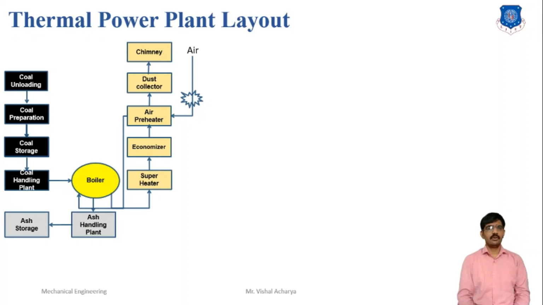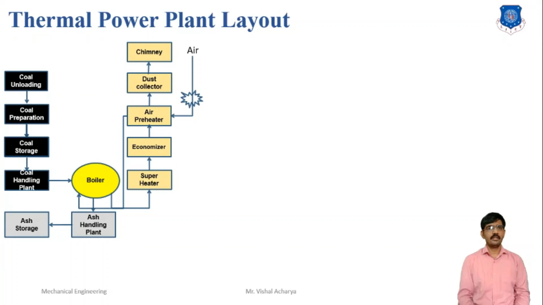The chimney is a duct system through which the air and fuel gases are transferred. The main function of the chimney is to create the pressure difference in the boiler so that the required amount of air enters the boiler for combustion and the hot gases are removed from the boiler to the atmosphere. This is called the draft system.